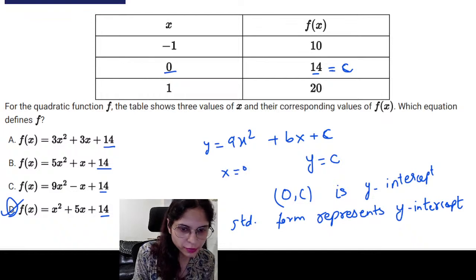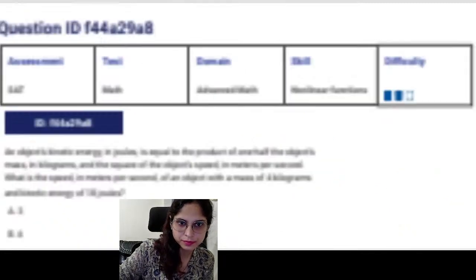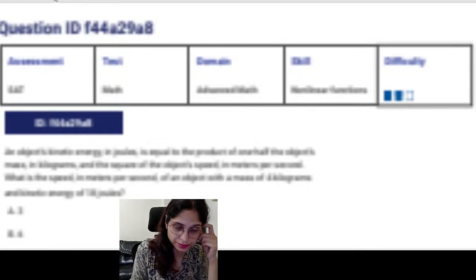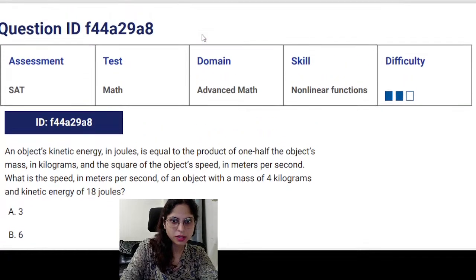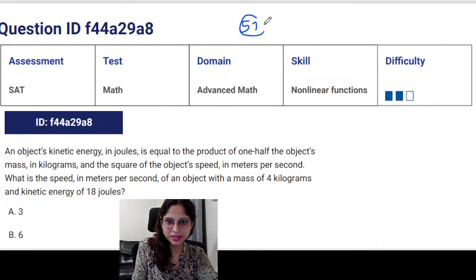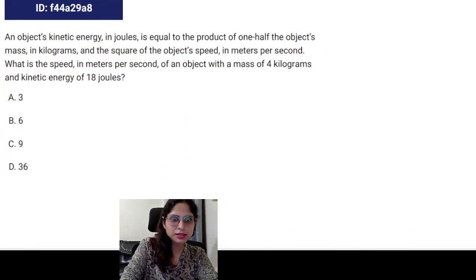So after 54, next question is 57. This question is nothing, they're just trying to confuse you. So you just have to remember that this is a physics question. Kinetic energy is half mv square, and they are also giving you the formula.